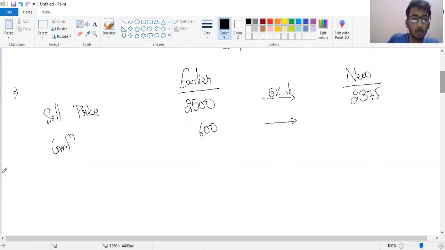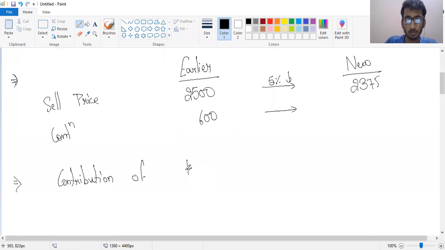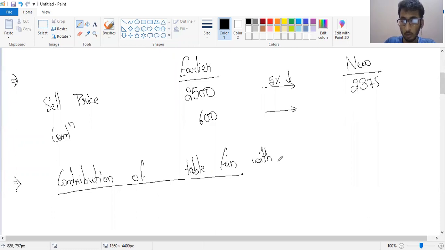So let's find out the third data: the contribution of the table fan, sorry, since I took the example of bicycle, with the new scheme.